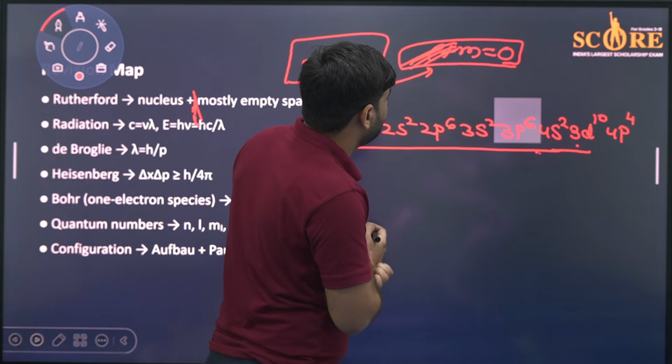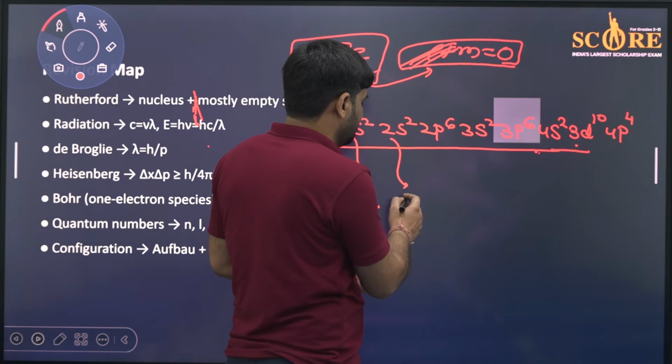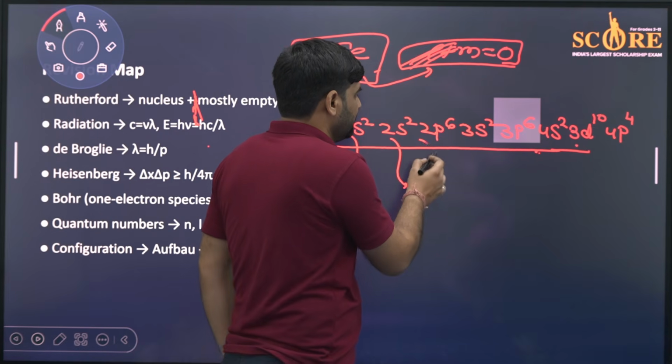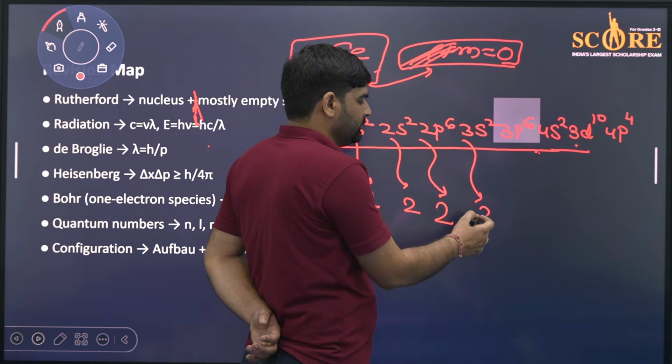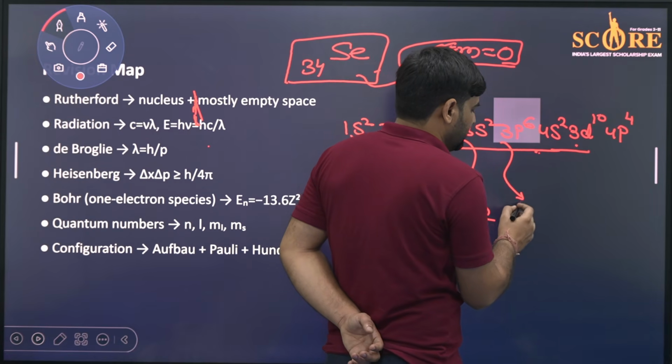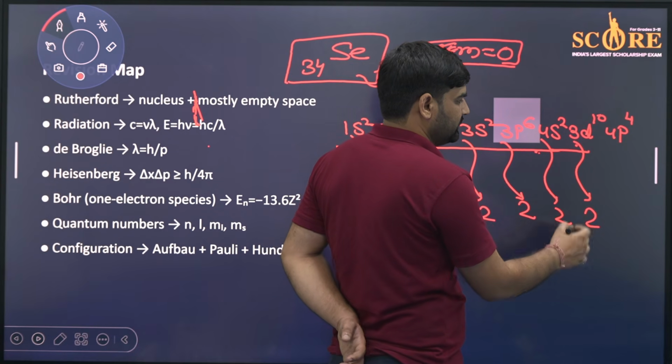So M will be 0. So for these 2 electrons L is 0, then M also 0. Here also M is 0 for 2 electrons, having M 0 for 2 electrons each.